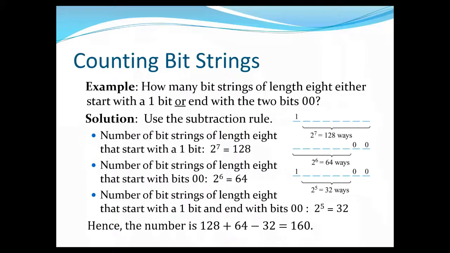Again, we subtract 32 ways because they are part of both the first pattern that starts with 1 and the second pattern that ends with 00. So some patterns in the first and some in the second can be shared, and there are patterns found in both. So if we have that, you could use the subtraction rule.